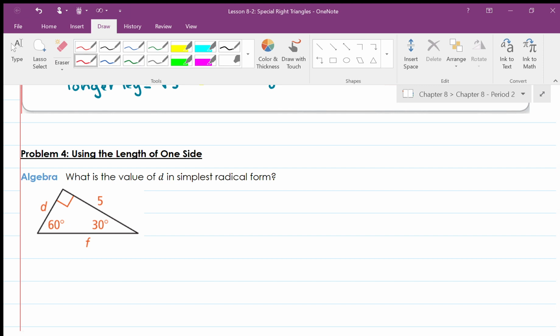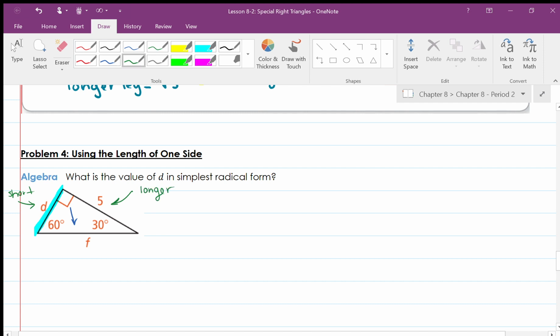We know that it's not the hypotenuse because the hypotenuse is always opposite your 90-degree angle. You have to see that D here is your shorter leg. It's pretty clear that it is. And that makes this leg your longer leg.